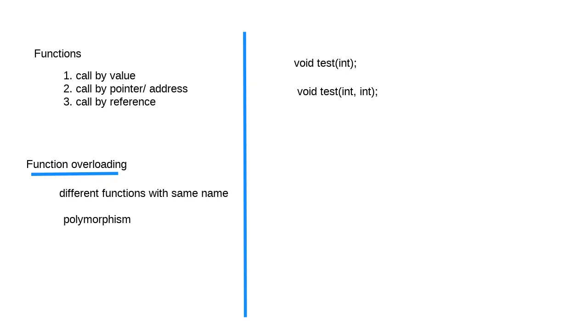So I make a main function, right? And let me say I have two variables here, int a, b, and cin a and b. I make a call to the test function. If I have to make a call to the test function with one argument, how will its call be?